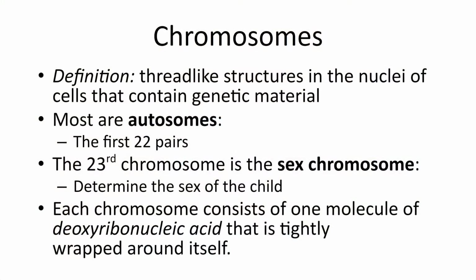Now, these sets of instructions, these pairs that we call chromosomes, are thread-like structures, and you can find them in the nuclei of all of your body cells. These structures are packed full of genetic material. The first 22 pairs are something we call autosomes, and the 23rd is something we often call the sex chromosome. That's what determines the sex of the child.